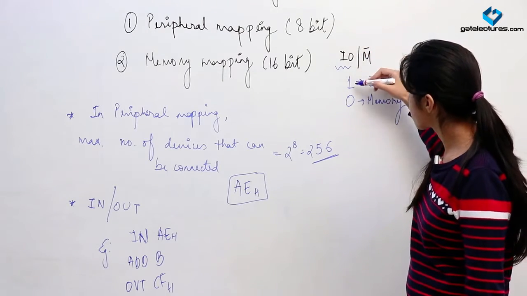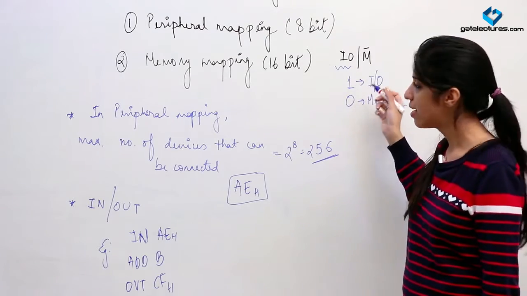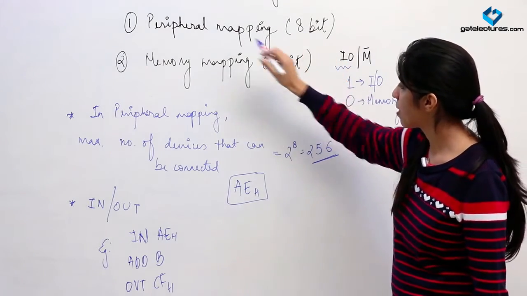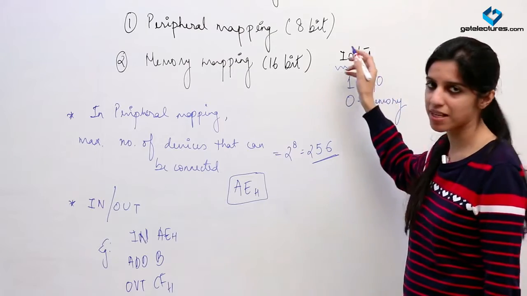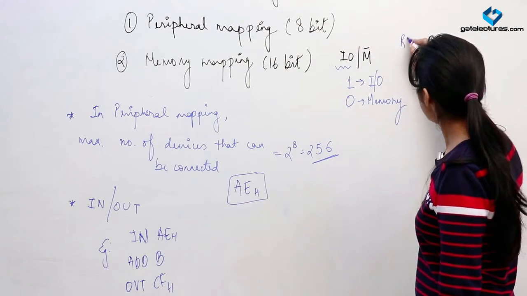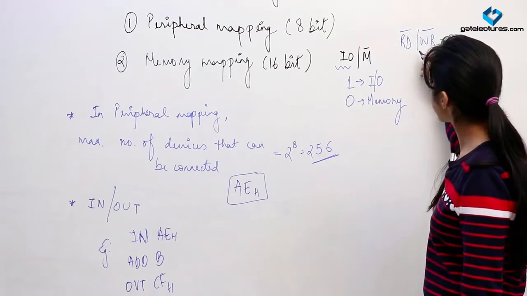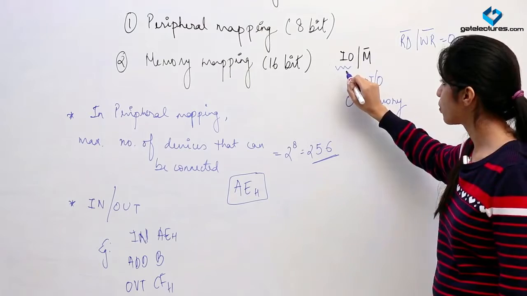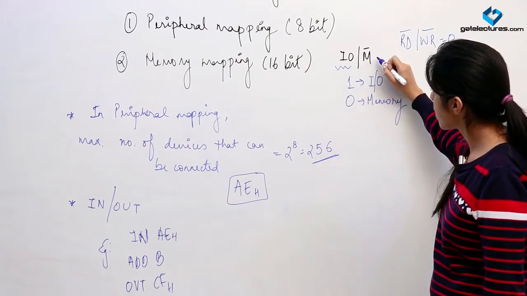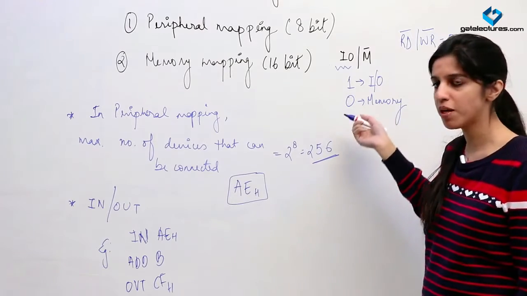So if this pin is 1, IO is selected, input output devices are connected, and this will be 8-bit peripheral mapping. If this is 0, memory is selected. If I make this pin 1 and read bar or write bar 0, then I can read or write from the input output devices that are connected. If I make this pin 0 and read bar or write bar 0, then I can read or write from the memory.